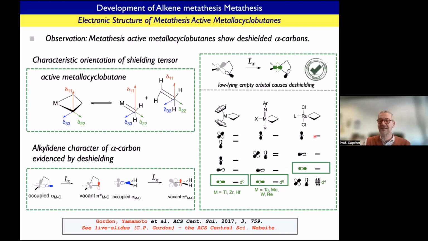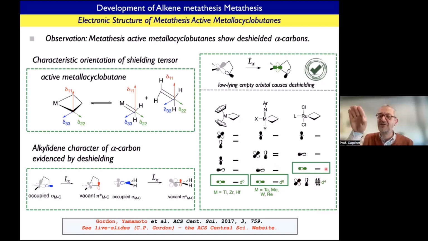And interestingly enough, if I compare all the complexes which are known to participate in this reaction, where I take an olefin and a carbene to make a metallacyclobutane, you can recognize that even though there are different metals and different electron configurations, d0 versus d4, there is always this empty orbital pointing into the ring.